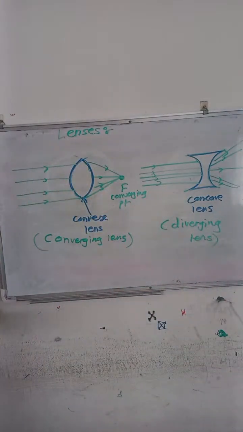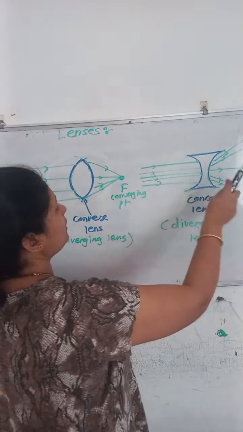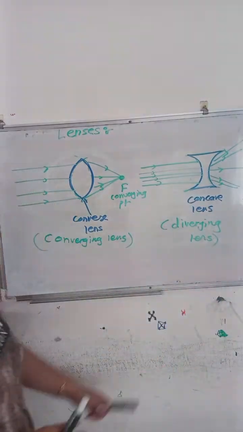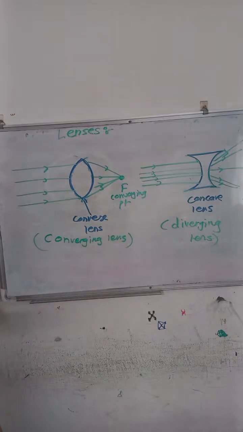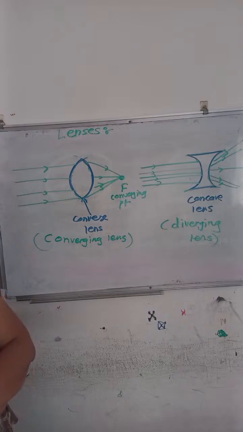Understood? Very important point. Here all the rays are gathered together, and here incident rays are not gathered at any point. That's why this is a diverging lens, and this is a converging lens. In the exam they will ask you to draw the diagram and show what you mean by converging lens and diverging lens. In a converging lens, all the incident light is focused or gathered at one point, that is known as the converging point.